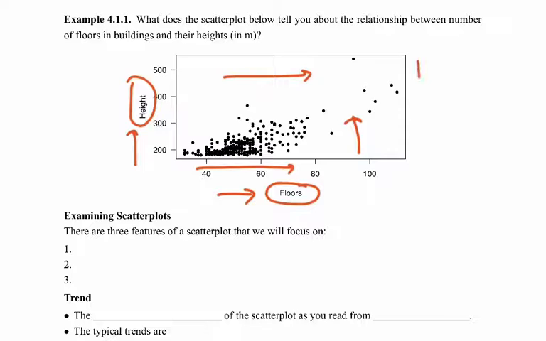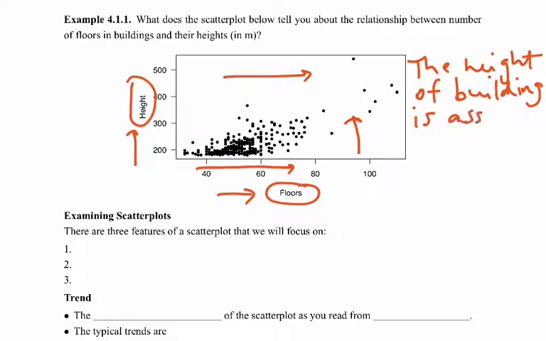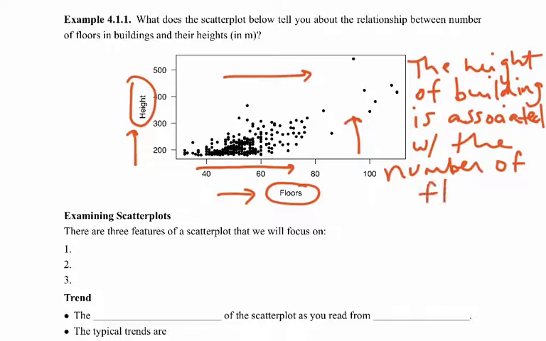We could say that the height of the building is associated, and that's a term we're going to use a lot, with the number of floors of the building. So there's an association or a relationship between the number of floors and the corresponding height of the building.